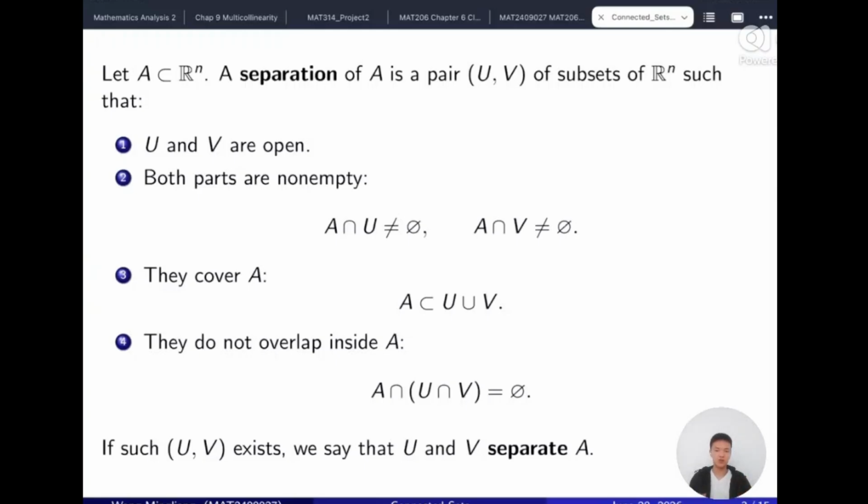For 3, we need to check whether the union of U and V covers A. And the last one, we need to check the intersection of these 3 is empty. But it doesn't mean U and V can't intersect. They can intersect somewhere outside A.